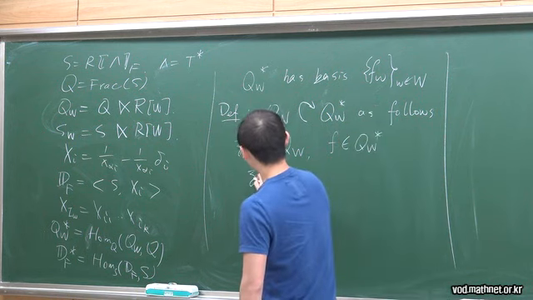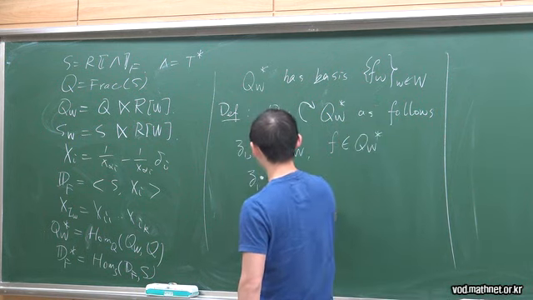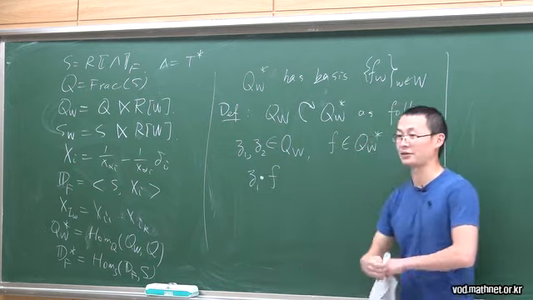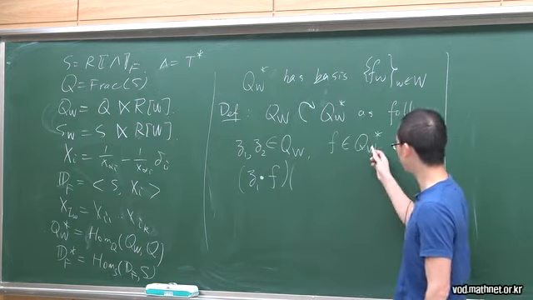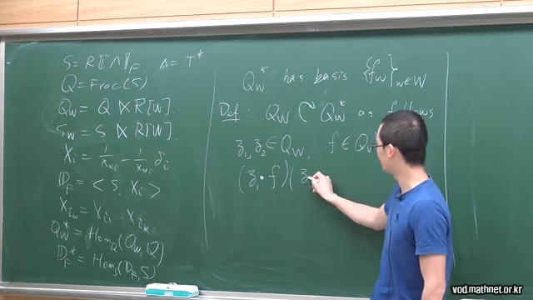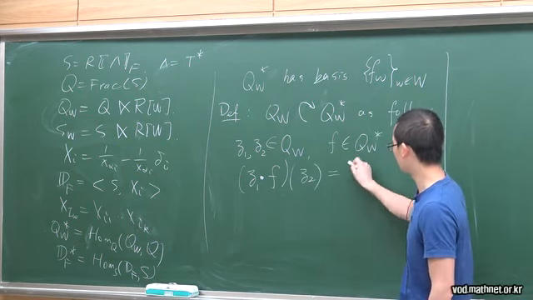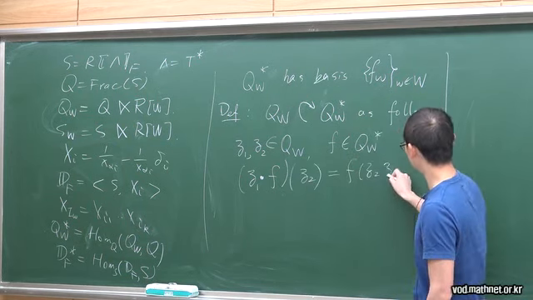Now the action is super easy to describe actually. Say if you have g1, so I use this bullet action. g1 bullet f, now that's a new function in Q_W star. If you evaluate it at g2, you get f of g2 g1.